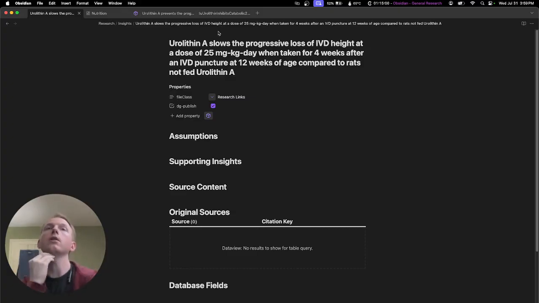Wow, I think I just got caught in a loop. Did I just copy a title, correct it as I was changing it, and then go back to update the, oh man. Okay. So Urolithin A slows the progression of IVD degeneration.